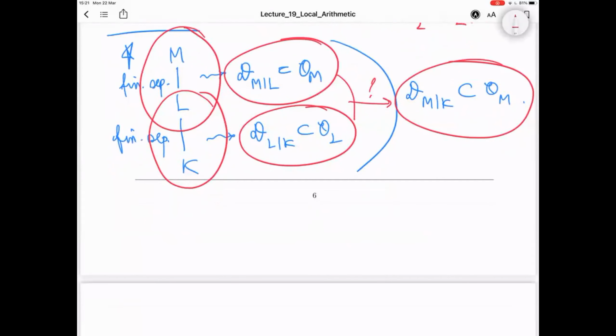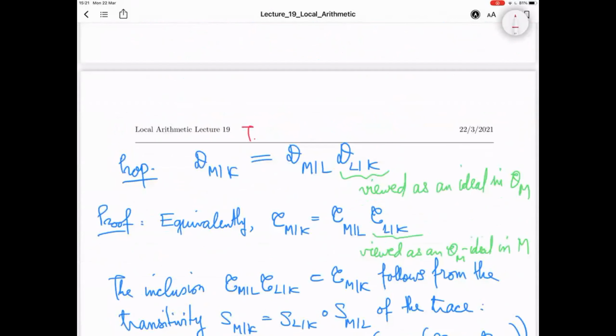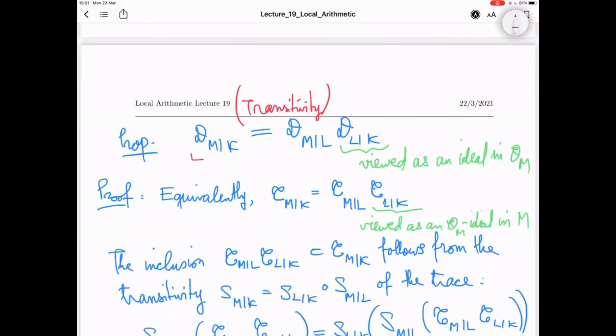The answer is that there's this transitivity relation. Transitivity says that the different of M over K is just the product of the different of M over L and the different of L over K.